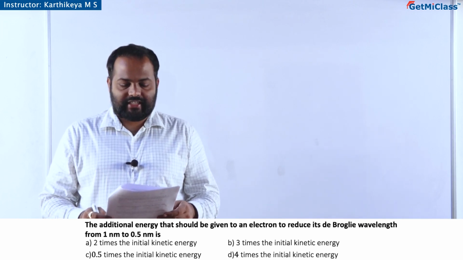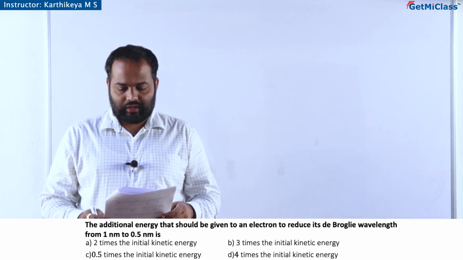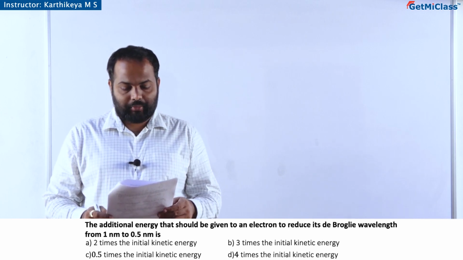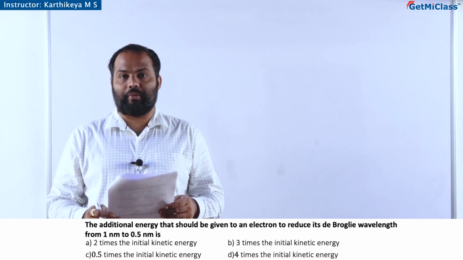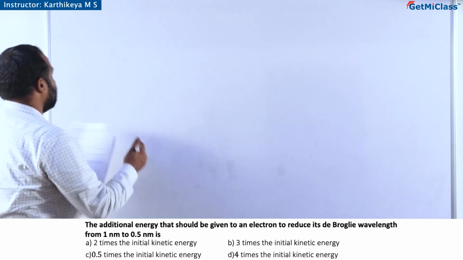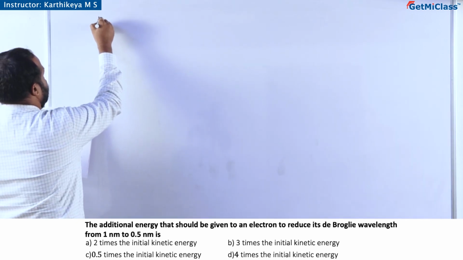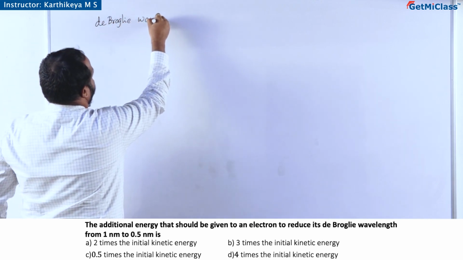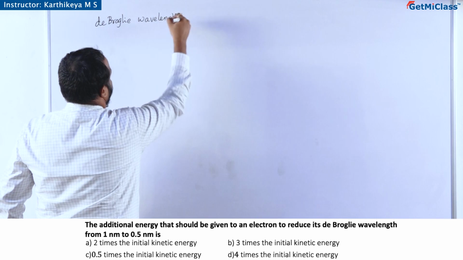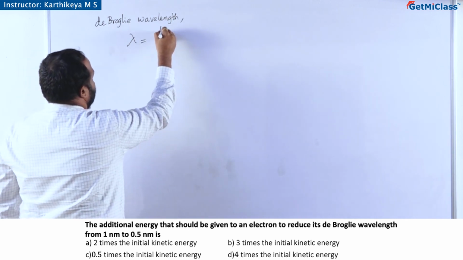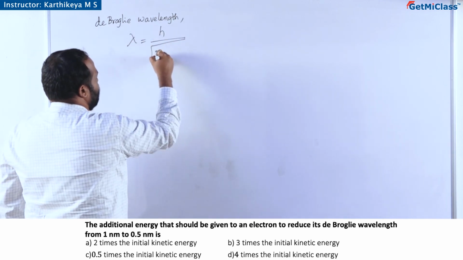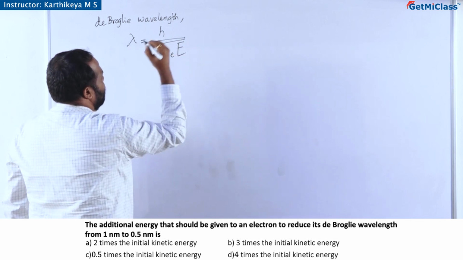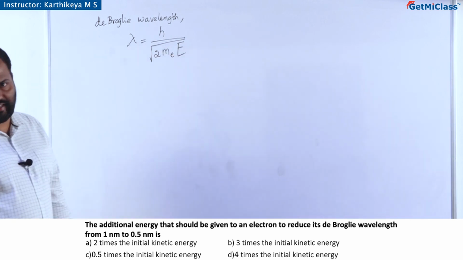The additional energy that should be given to an electron to reduce its de Broglie wavelength from 1 nanometer to 0.5 nanometer is... So, again we consider the de Broglie wavelength for an electron, lambda equal to h by root of 2mE, where E is the kinetic energy or total energy.